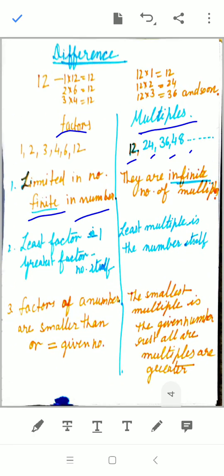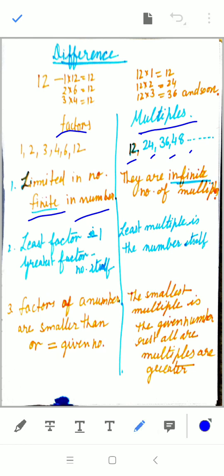The second important point is that the least factor of each number is 1 and the greatest factor is the number itself. See here in the factor list, the least factor, from where the factors start, is 1, and the greatest factor is 12. So for 12, the least factor is 1 and the greatest is 12.